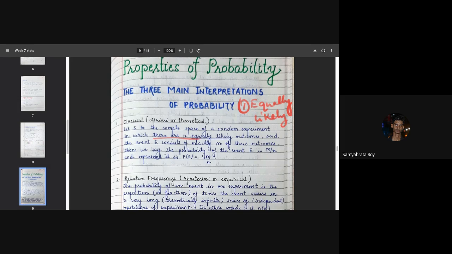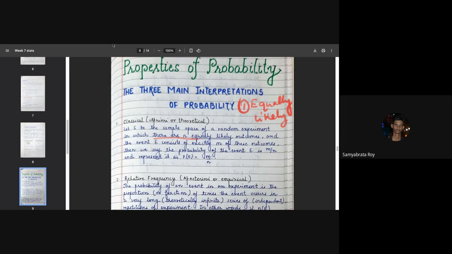There must not exist an uncountable number of elements in the sample space. If these two conditions are satisfied, then only we can construct a definition of probability in the classical or theoretical way.